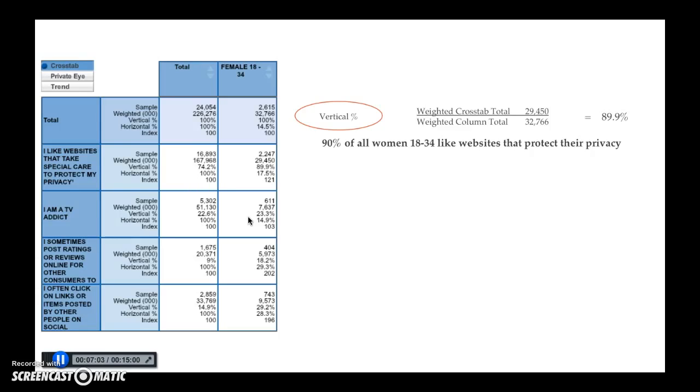Well, looking down the total column, down here, 51,130,000 adults in the U.S. agree with the statement that they are TV addicts. I wonder how many of these 51 million people are actually young women. So I slide over to the column that represents women 18 to 34, and I see that only 7 million of the women 18 to 34 claim to be TV addicts.